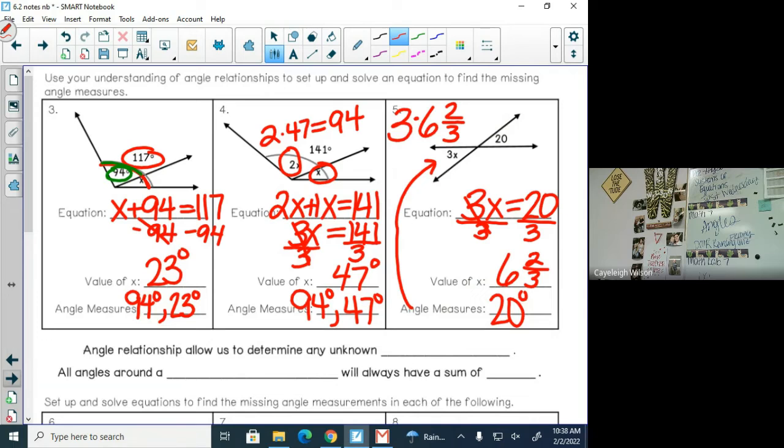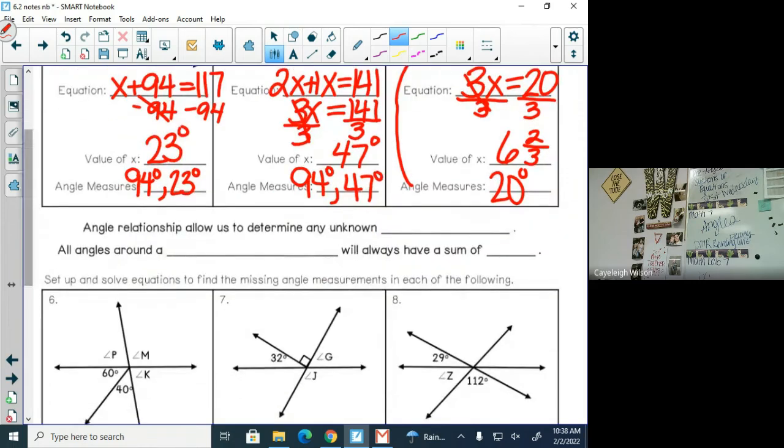All right, we'll keep moving here. Angle relationships allow us to determine any unknown angle measure. So all angles around a point or vertex, that just means a shared point, will always have a sum of 360.